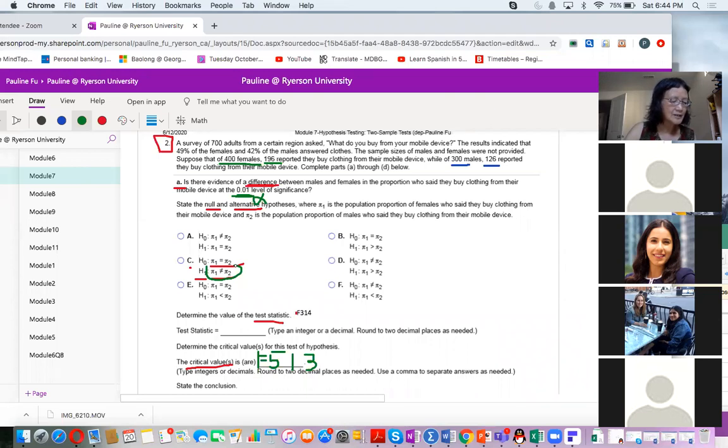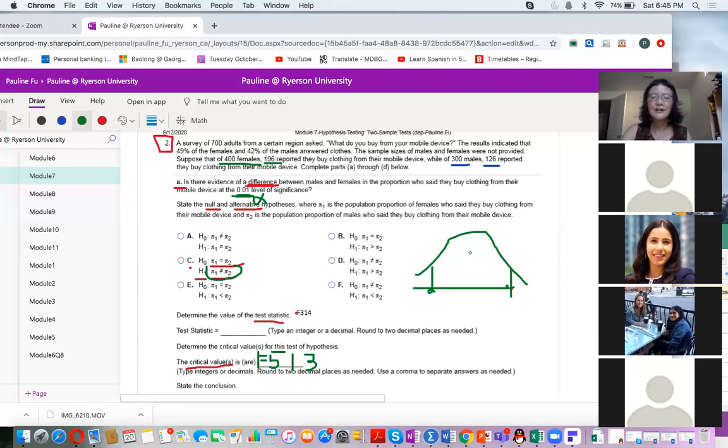Okay, area, when you select, you could select left, right, that's fine. Because this is two-tailed, I would select center. So area is center because I have two tails, left tail and right tail.